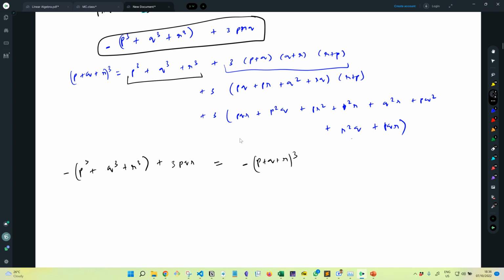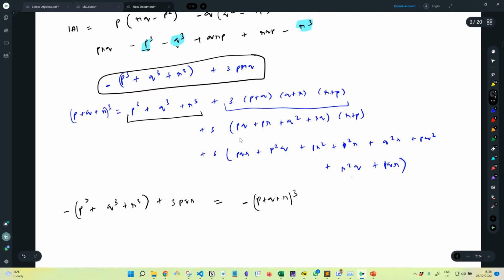Then, can we do something from this equality only?